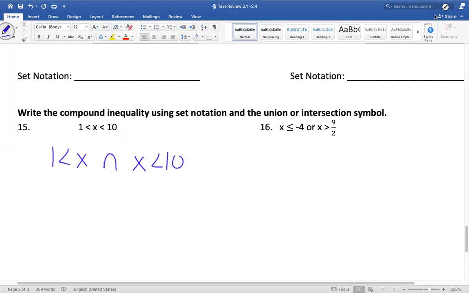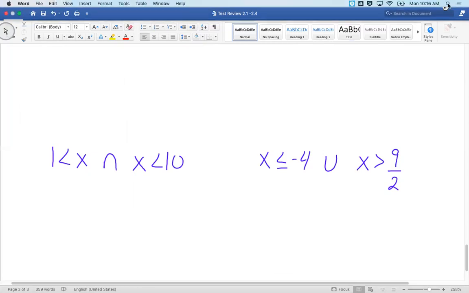Done. Here, this one, it's going to be x is less than or equal to -4, or x is greater than 9/2. Look at that. Not a whole lot to those, okay? And that's it. All right.